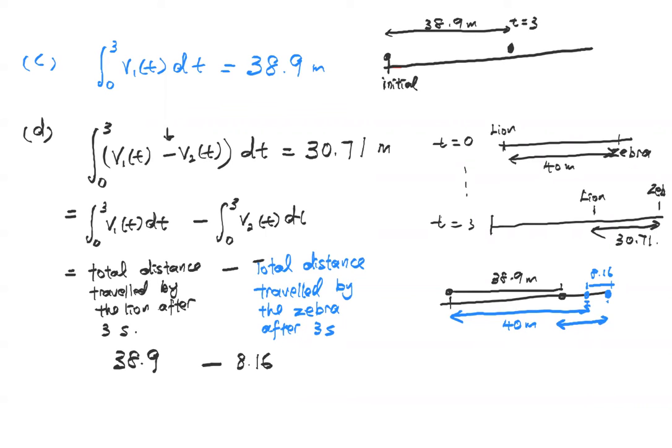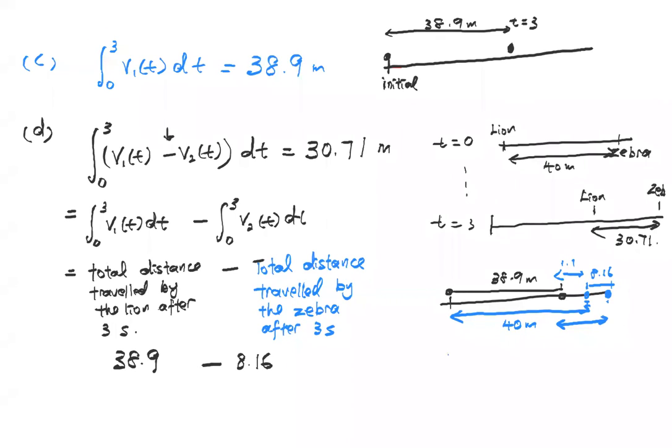So here is 1.1. Am I right? So it's 9.26 meters. So now, after 3 seconds, the lion is 9.26 meters behind the zebra. You see or not? So I can make this conclusion.